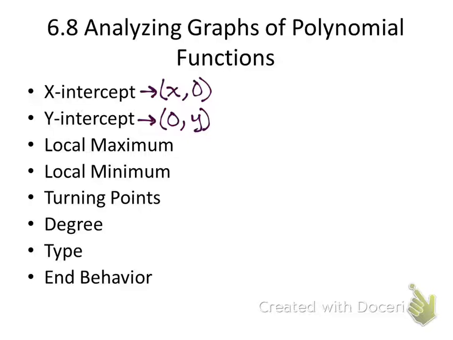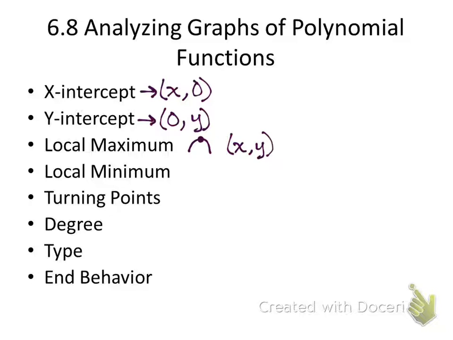Local maximum is sort of a newer vocab word. A maximum is a turning point, but maximums are where some sort of hump is in the graph and you're looking at the peak. A local maximum is some sort of point, x comma y.